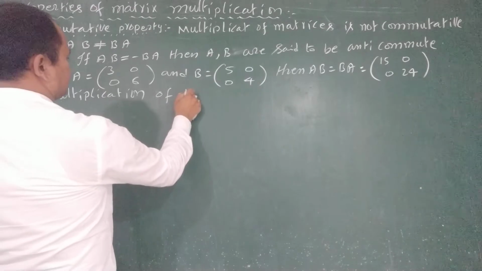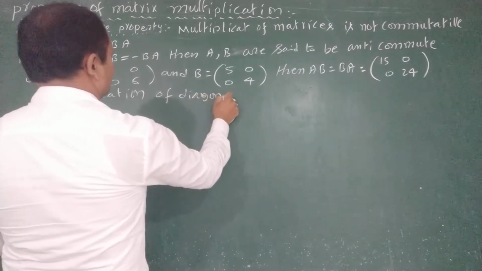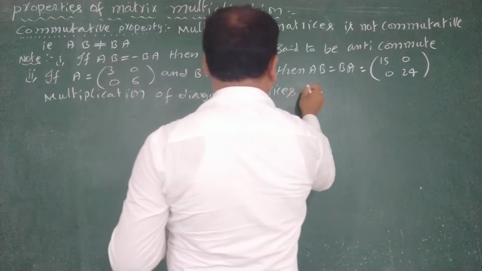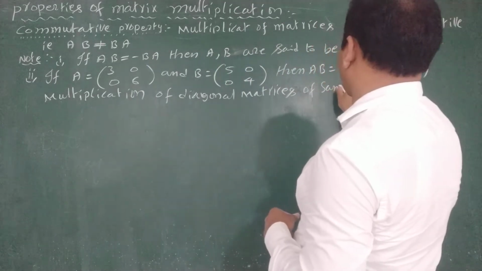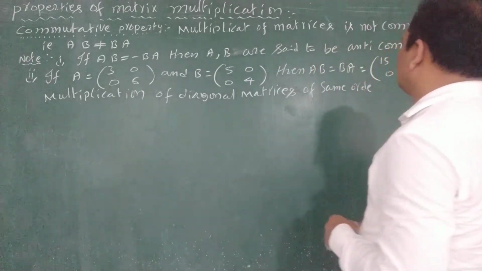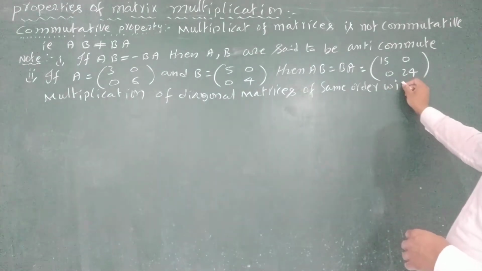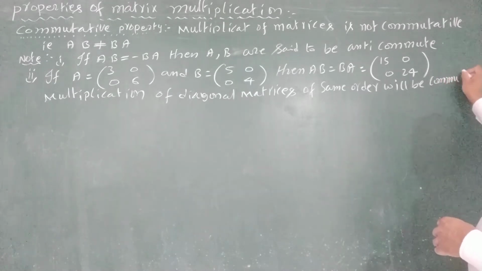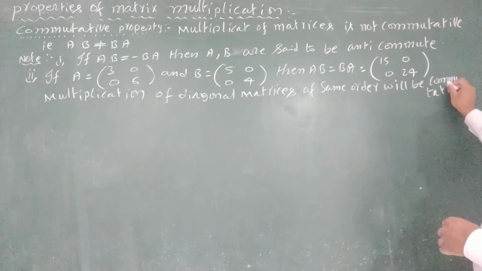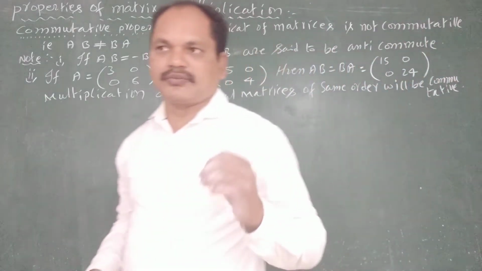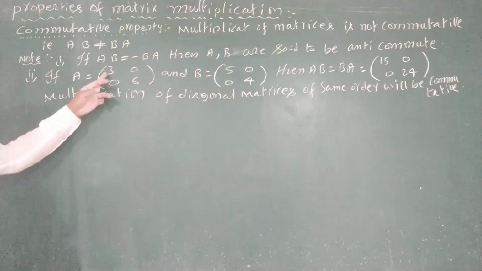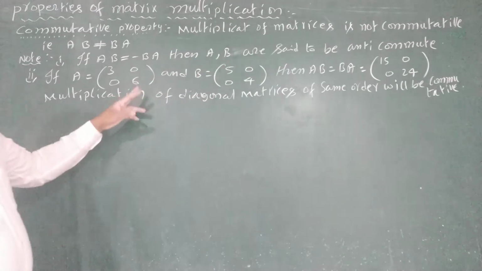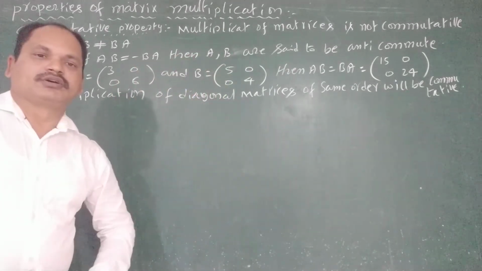So A into B gives the result 15, 0, 0, 24, and B into A gives the same result.